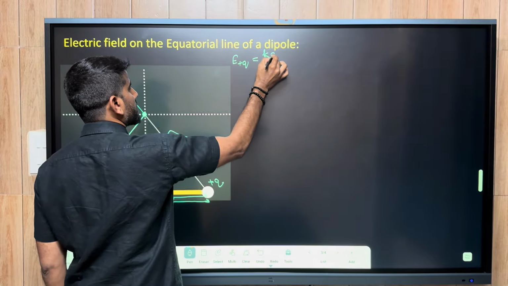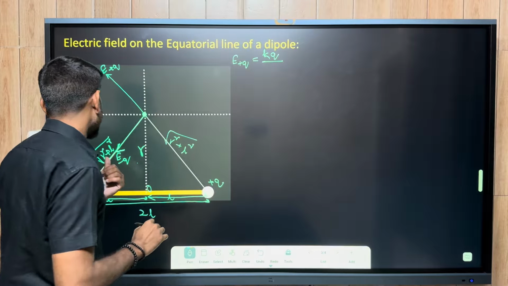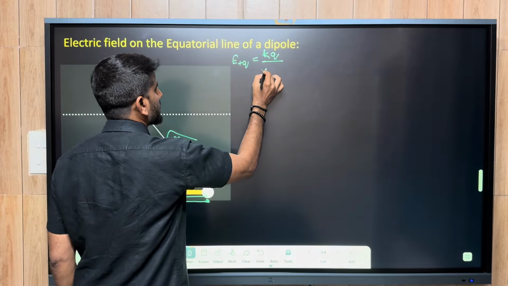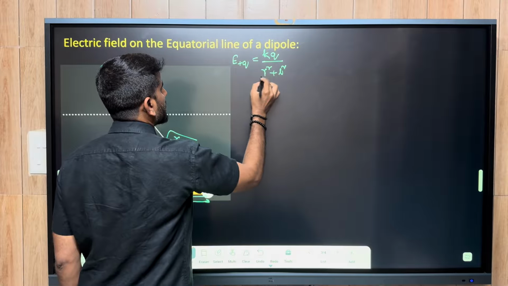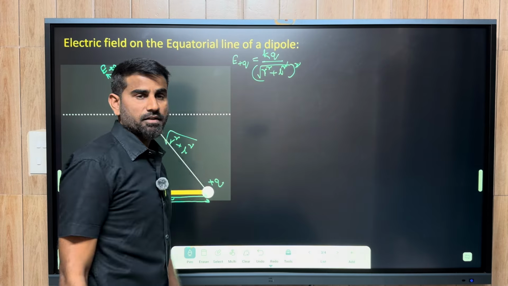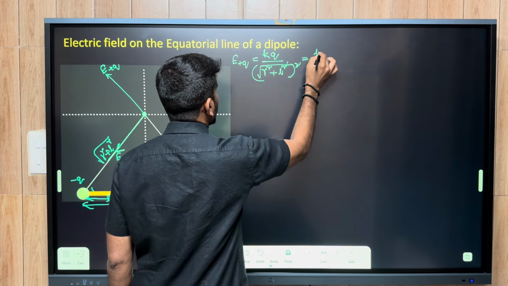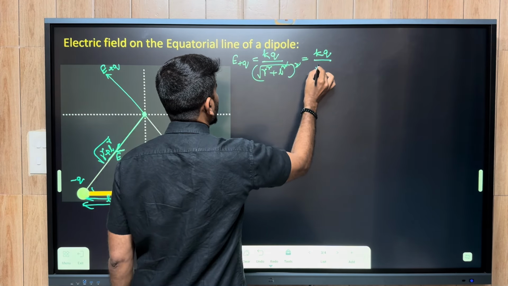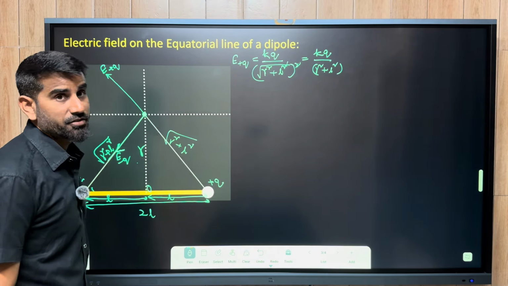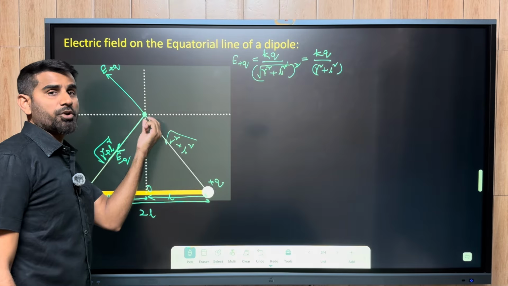Now let us write the magnitudes of the electric fields due to the positive charge and the negative charge. Electric field is kQ divided by the distance squared. The distance is the square root of r square plus l square, whole squared. The square and root get cancelled. So what are we getting? kQ by r square plus l square. This is the expression for the electric field intensity due to the positive charge at this point.